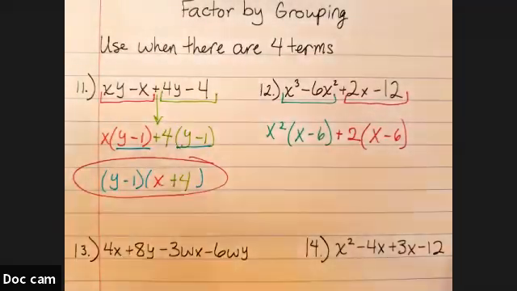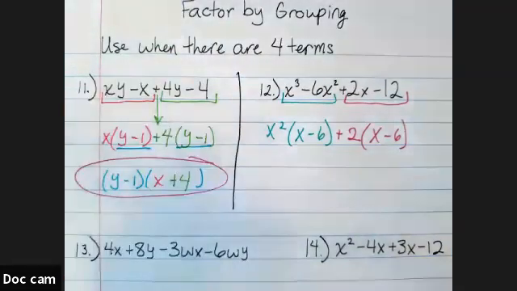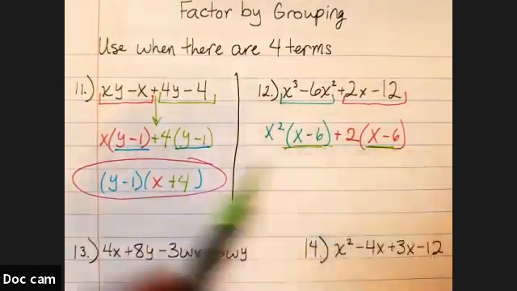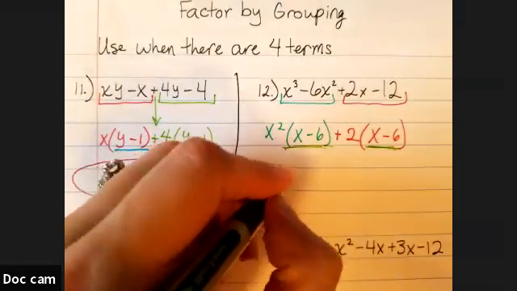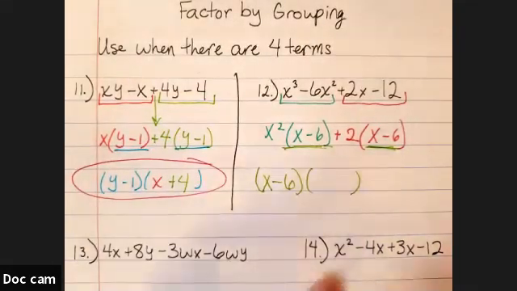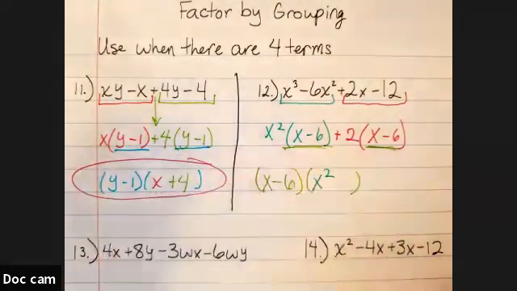And when we factor that out, we're left with x minus 6 again. Now the GCF is x minus 6. So we bring that in front, x minus 6. And then what we have left in the second set of parentheses is x squared plus 2.